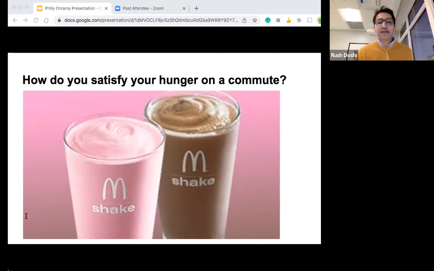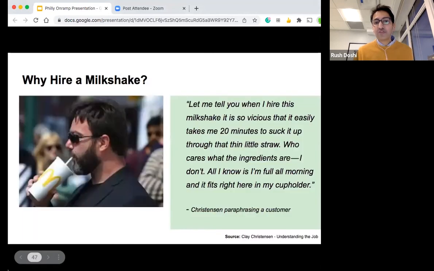So what he did was have his team go over and just park themselves at a McDonald's. They went there to try to do the job that the customers were hiring the milkshake to do.